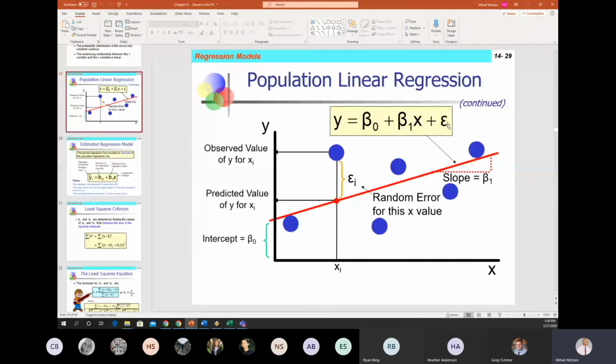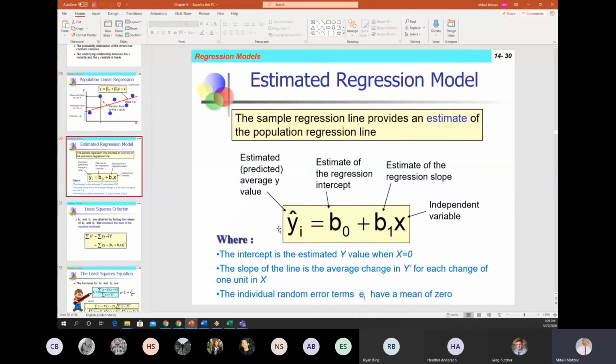What happened with the error component? The error component is simply part of the computed values, because computed values contain the real value of the dependent variable, let's say company sales, plus the error. There is no perfect relationship, as we know. Very rarely will there be a perfect relationship.